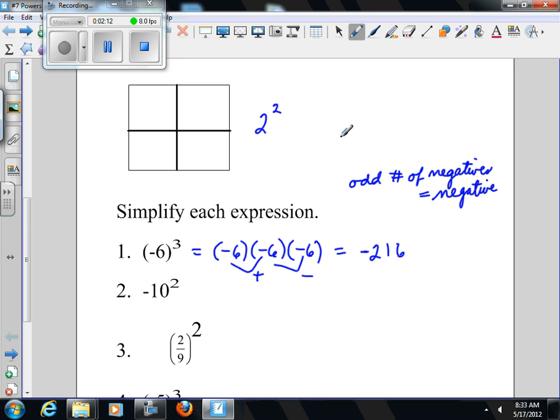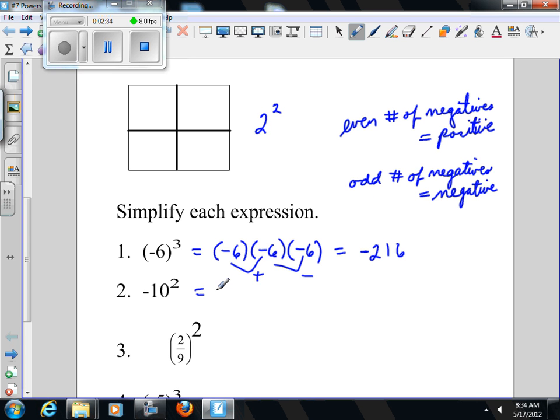Now, when we have an even number of negatives, that is going to give you a positive. Okay, all right, so now let's take a look at this next one.